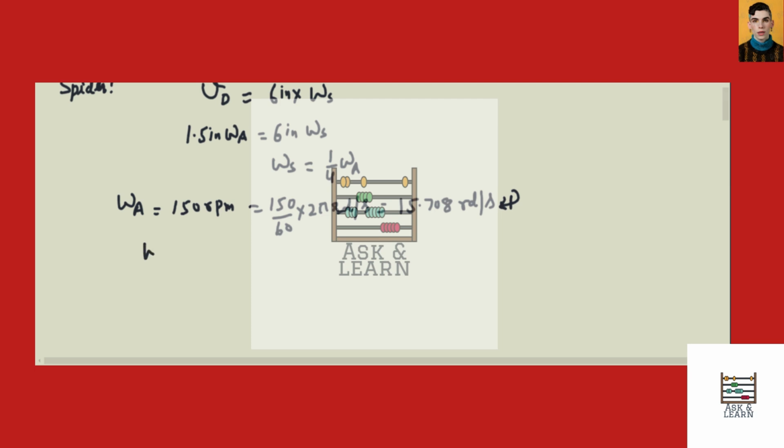So angular speed of gear D will be half of omega A, so it becomes 7.854 radian per second in counterclockwise direction, and that of spider is 1/4 of omega A, so it will be 3.927 radian per second in clockwise direction.